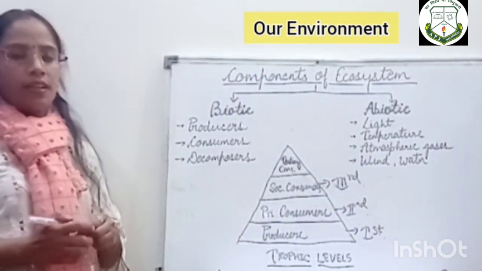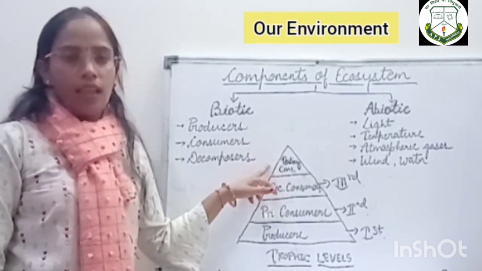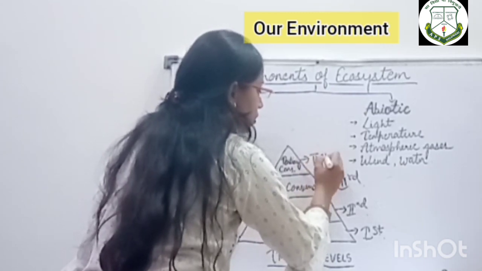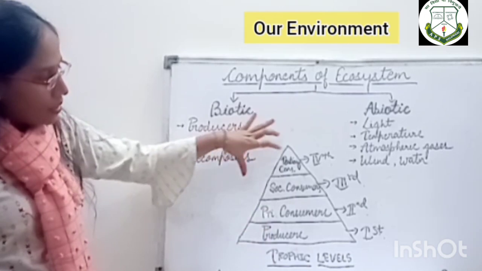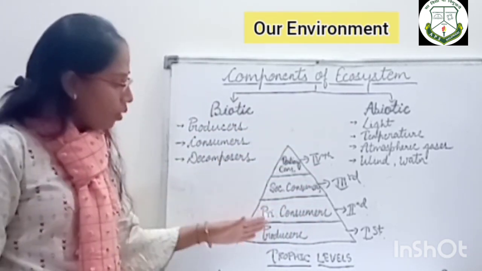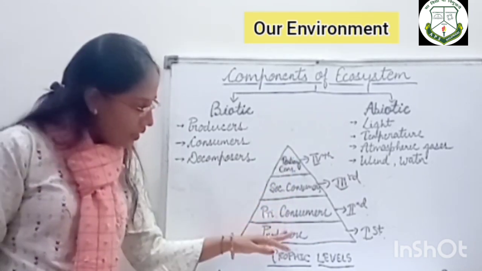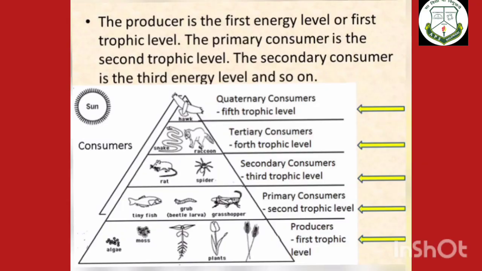And the fourth trophic level is of top carnivores, the large carnivores such as lion, tiger, etc. These trophic levels show the transfer of food from one organism to another. In this case, the flow of energy takes place also.